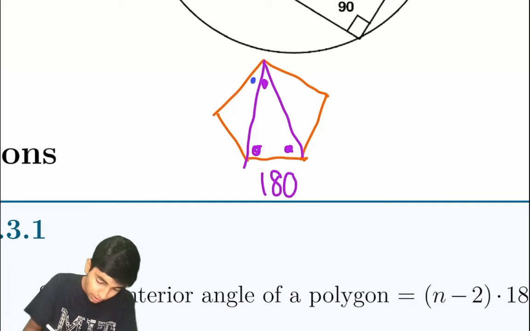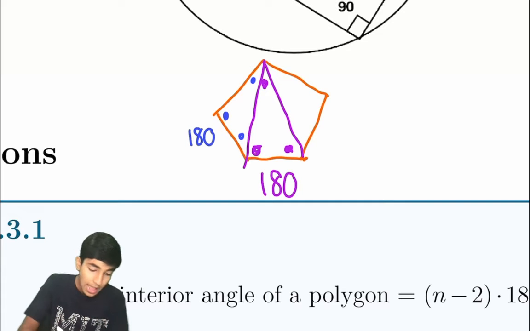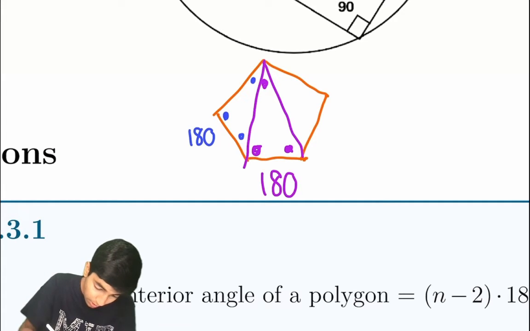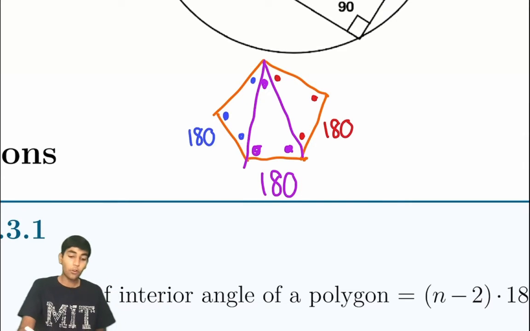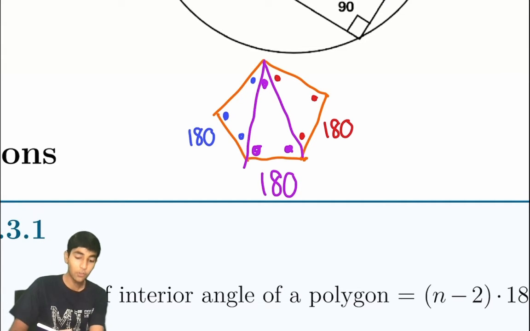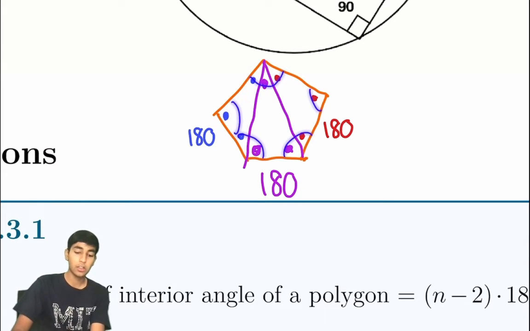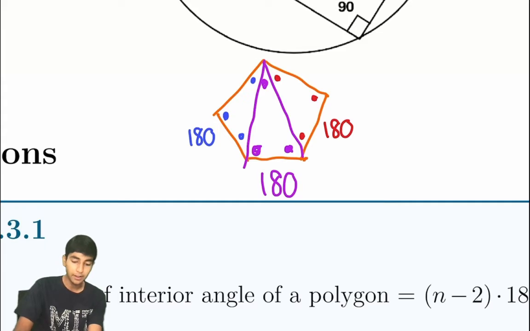Each of these blue parts sums to 180 as well, because it's a triangle. And each of these red parts sum to 180 as well. So the overall sum of the purple, blue, and red parts is 540, 3 times 180, because these make up all the angles in the total angle sum in a pentagon.